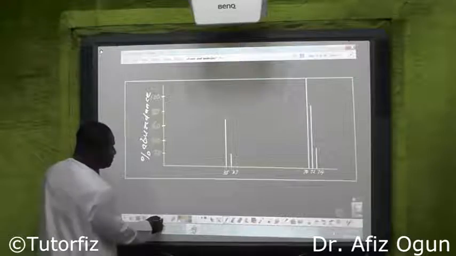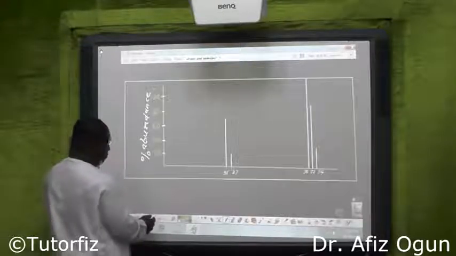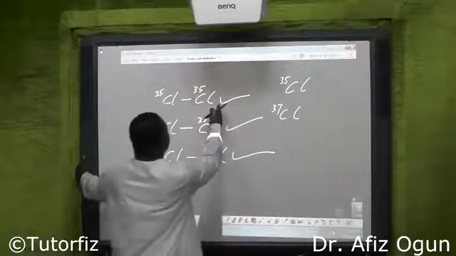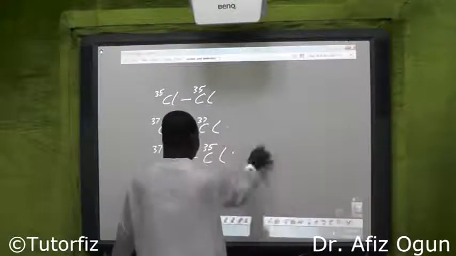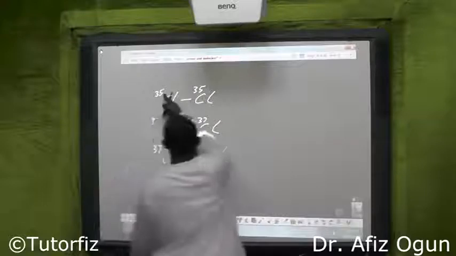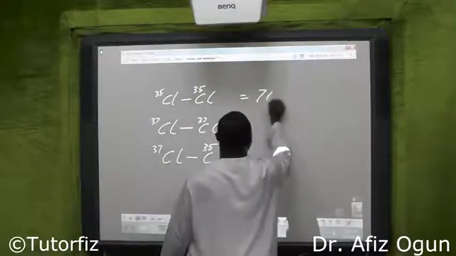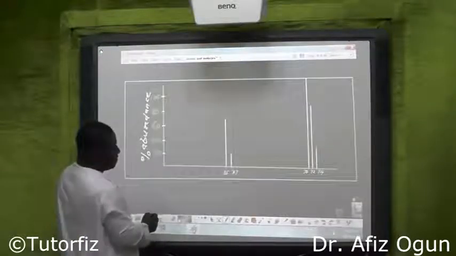If it is 35 plus 35, this gives us 70, and we have a 70 peak there.